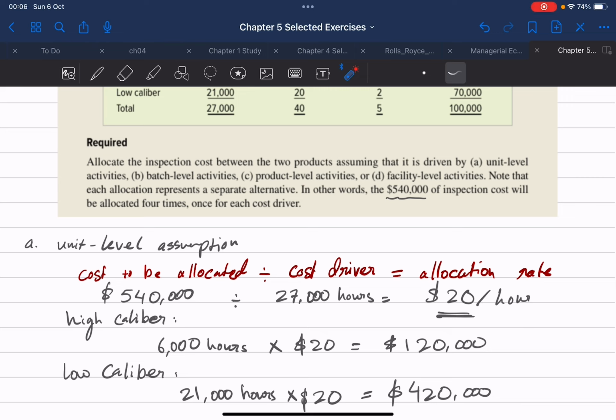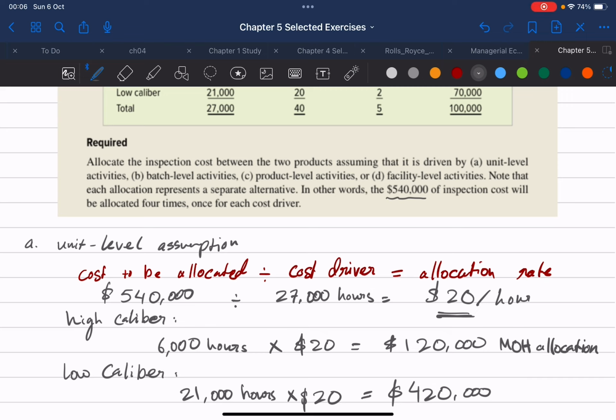Then knowing that high caliber consumes or requires 6,000 hours of labor, we multiply it by the rate, we get 120,000 of an allocated rate. So this is basically a manufacturing overhead allocation of the costs, right? So the total cost of manufacturing overhead is 540,000. We can now estimate based on our breakdown that high caliber is responsible for 120,000 of that 540,000.